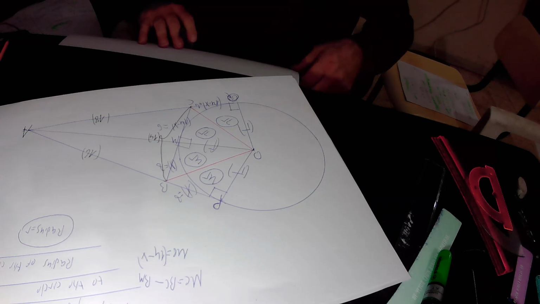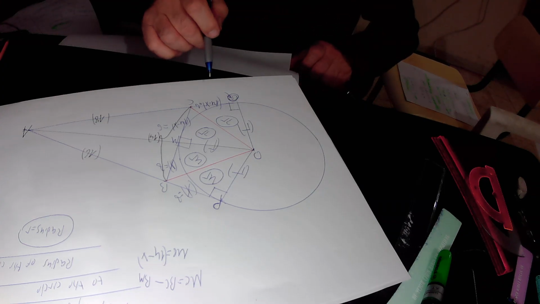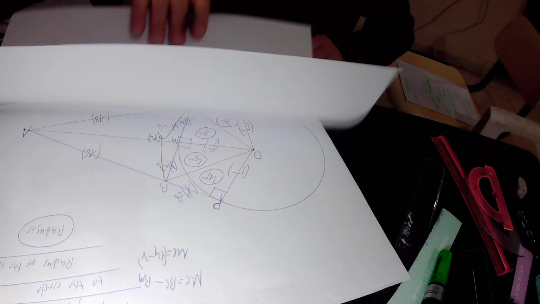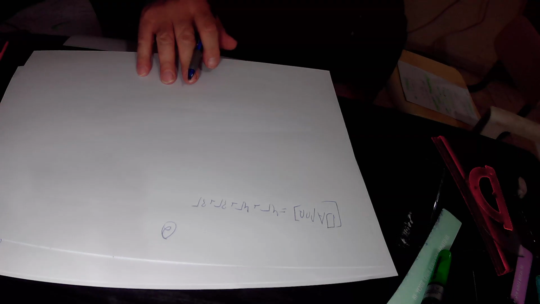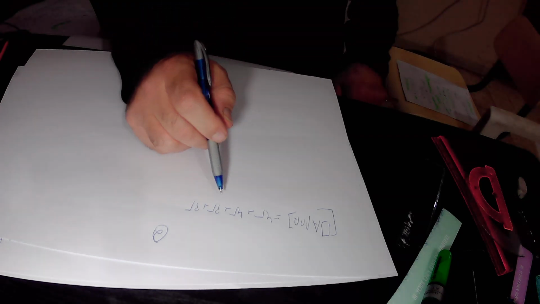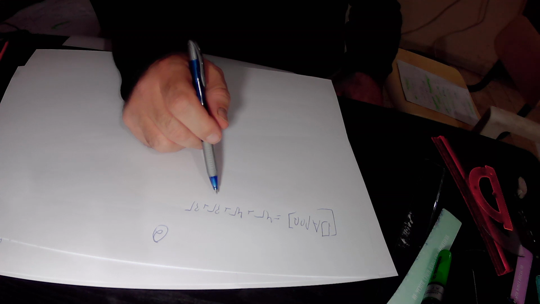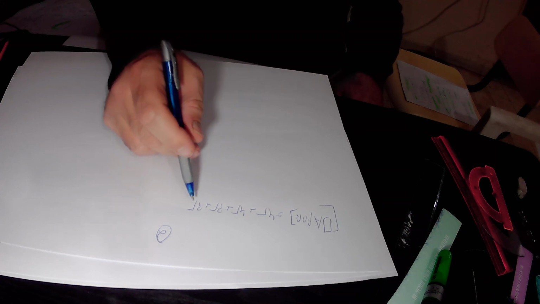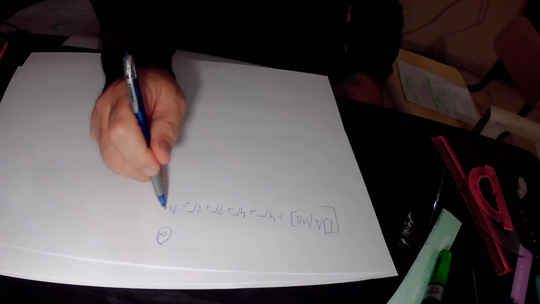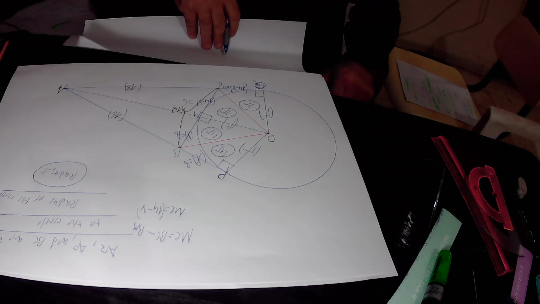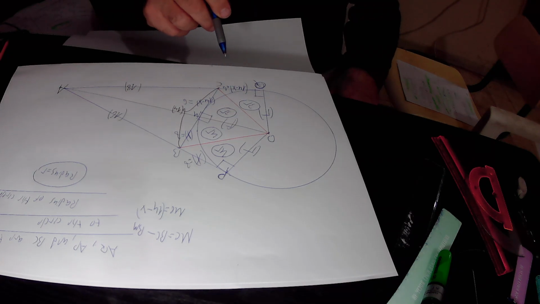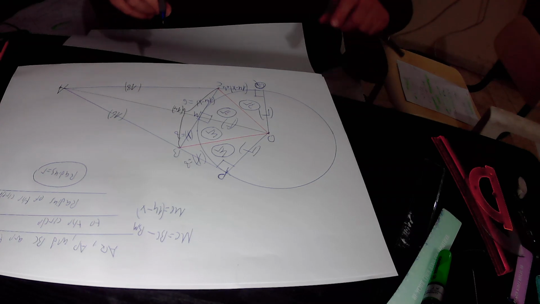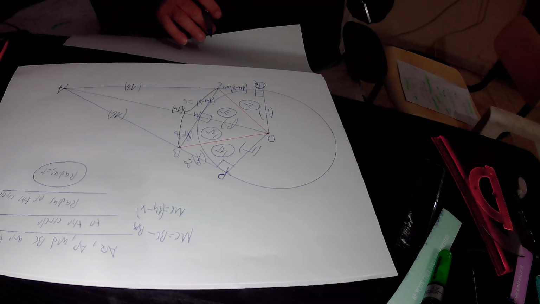So we found that the sum of the areas of all 4 small right triangles equals 4R plus 4R is 8R, 8R plus 3R is 11R, 11R plus 3R is 14R. So the sum of the areas of all 4 small right triangles is 14R in size.